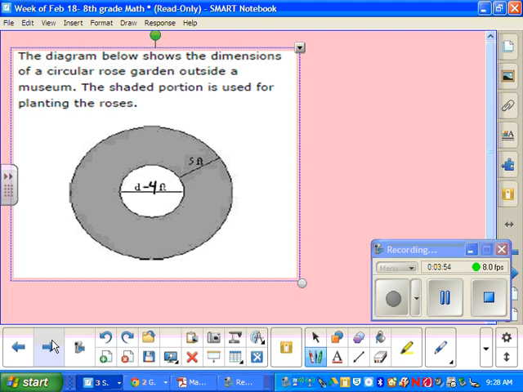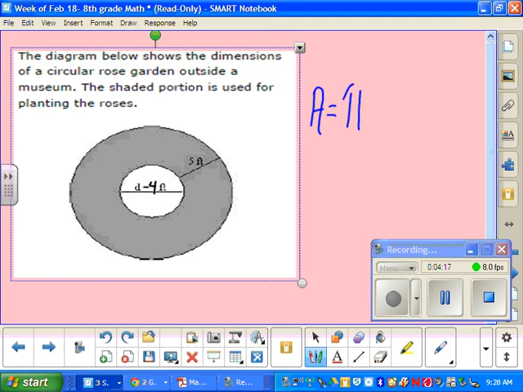The diagram below shows the dimensions of a circular rose garden outside a museum. The shaded portion is used for planting the roses. Okay, now they want us to find the shaded portion. And we're talking about area. First off, let's write the formula for area of a circle.